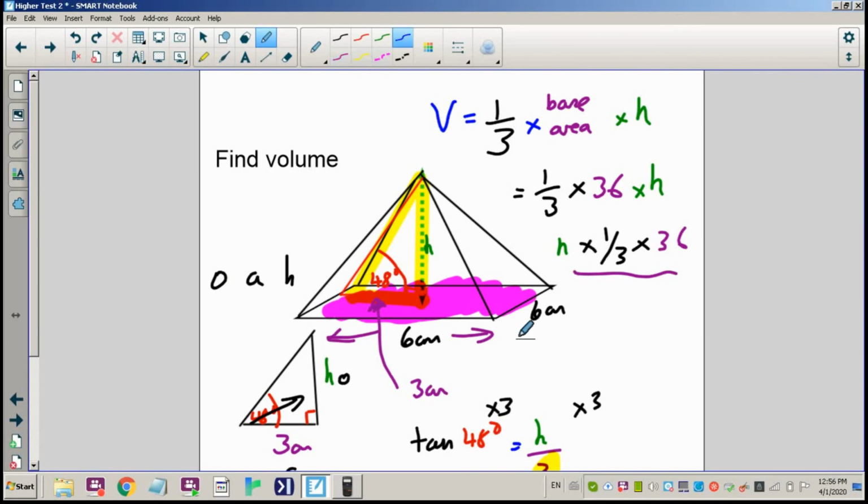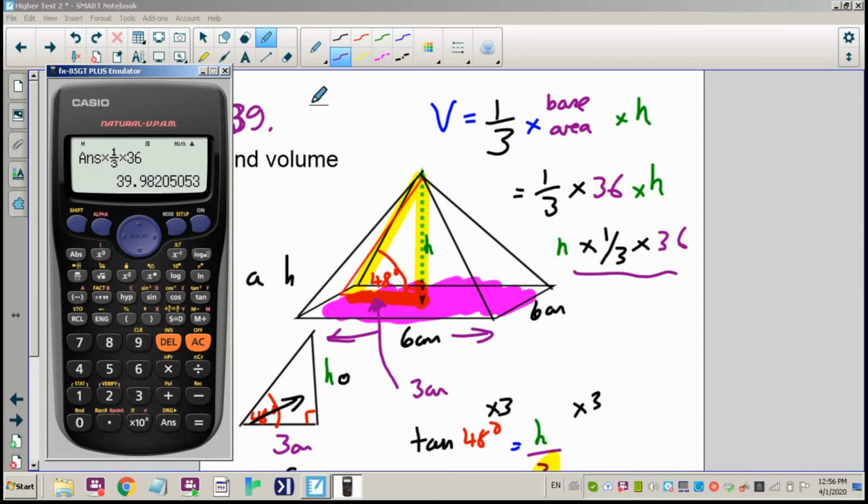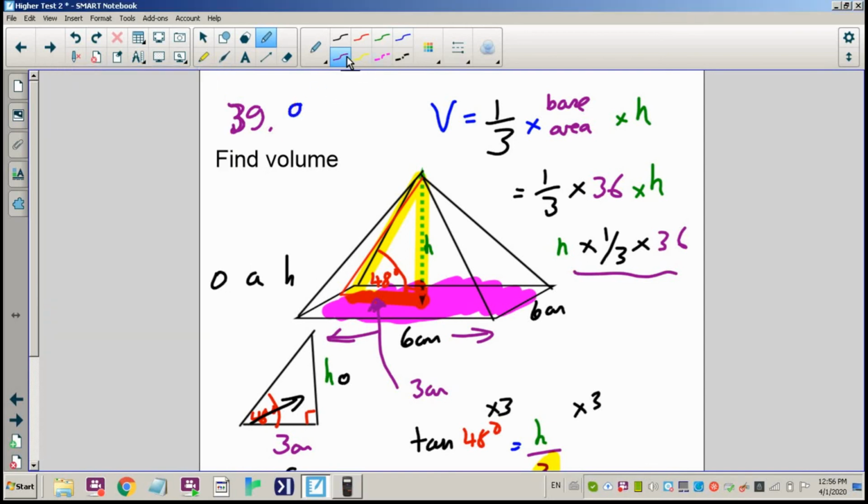So the volume is, let's find a clear space, 39.982.